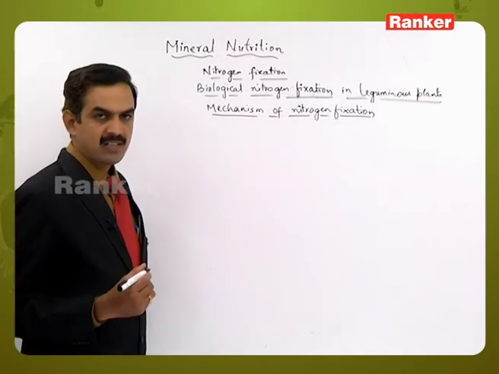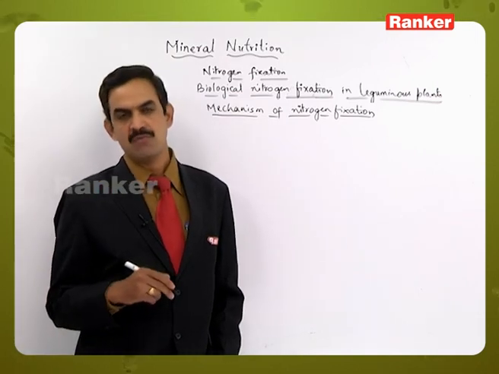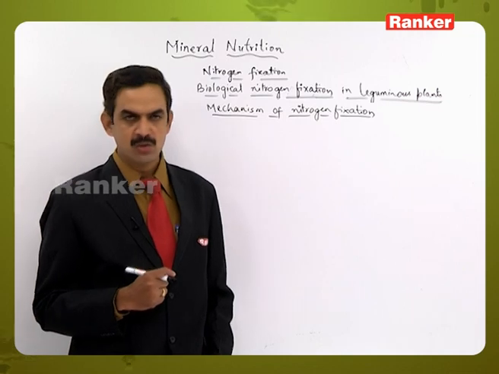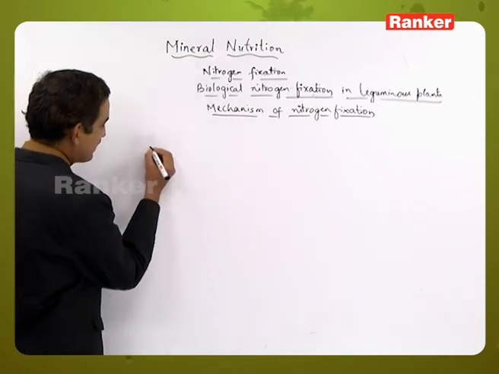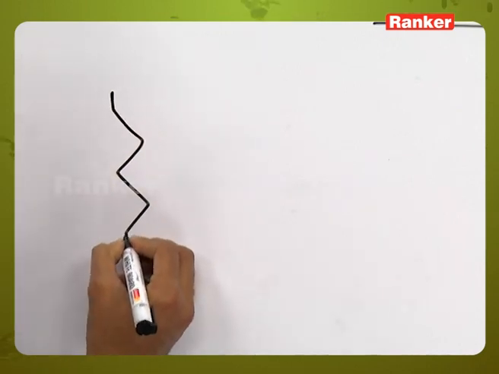Let us come to the schematic representation of how this nitrogenase is helping in the reduction of molecular nitrogen into ammonia. Here this is a schematic diagram of the nitrogenase enzyme.